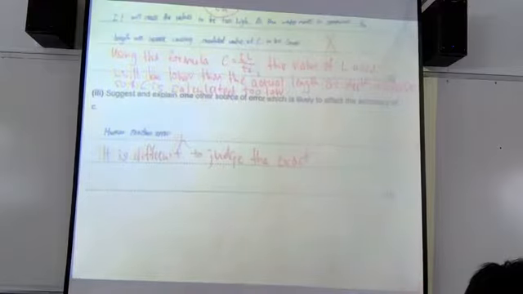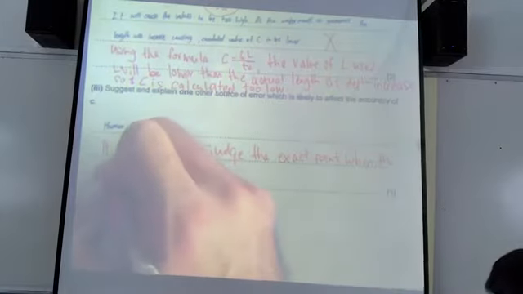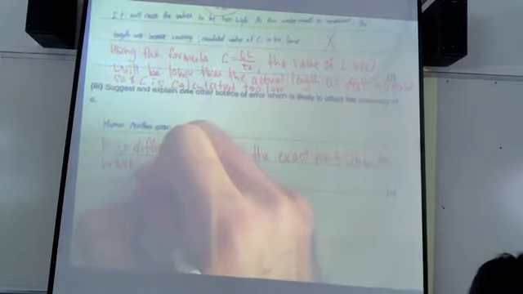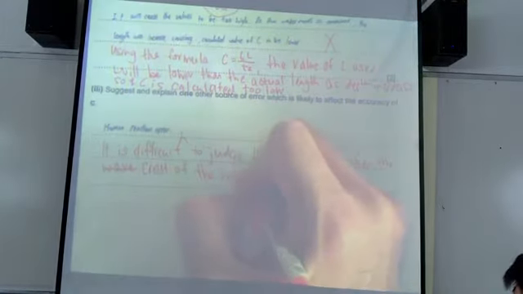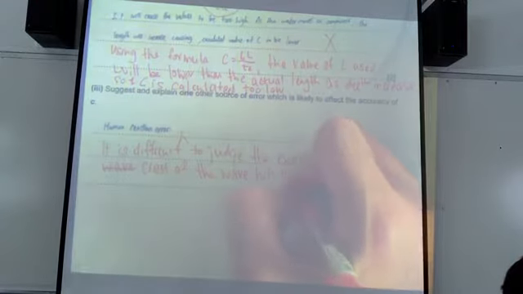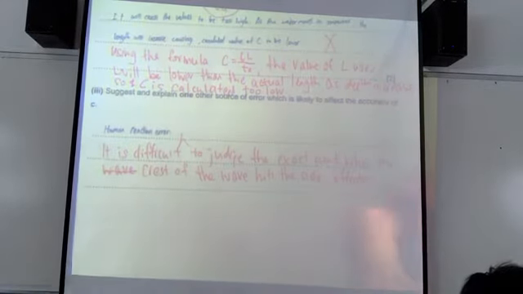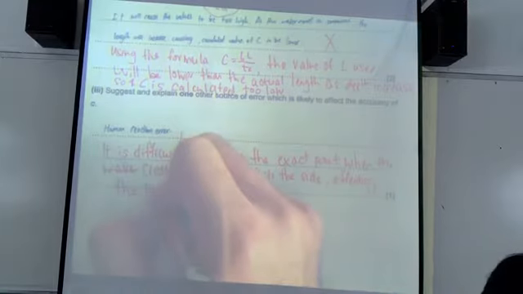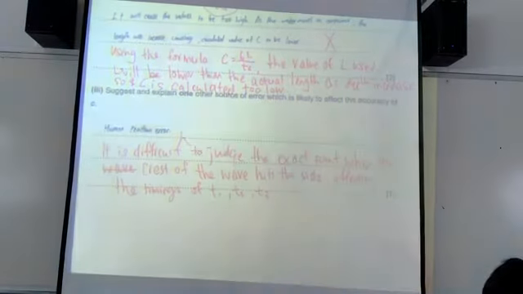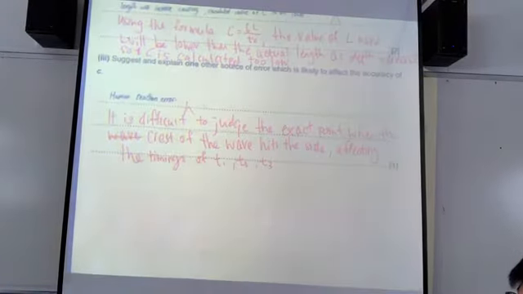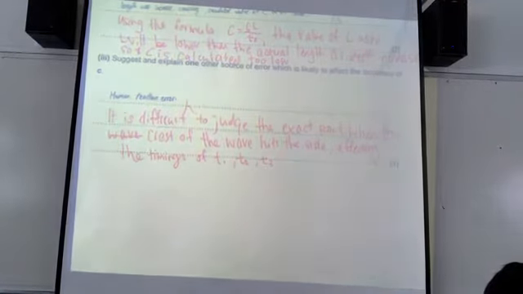It's difficult to judge the exact point when the crest hits the side, affecting the timing of T1, T2, and T3.